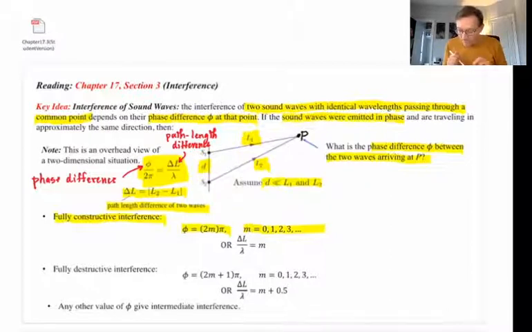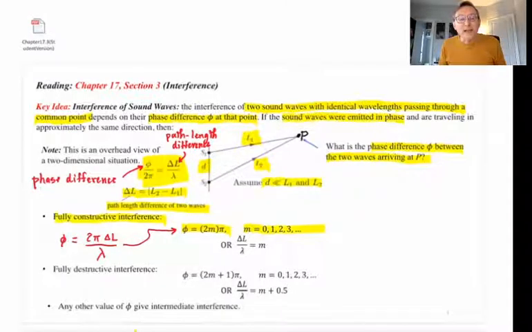Now, use our little relationship between phi and delta L. That is to say, let's substitute that phi equals 2 pi times delta L over lambda, and put that right there where the phi is.